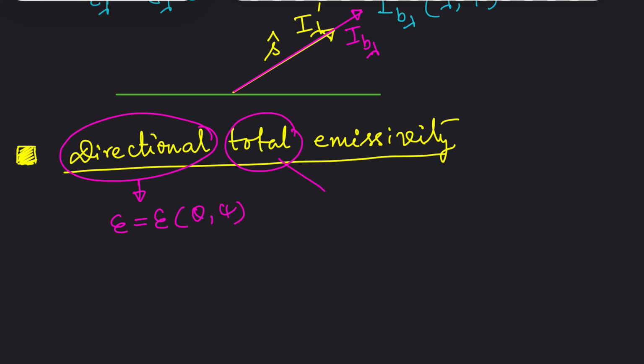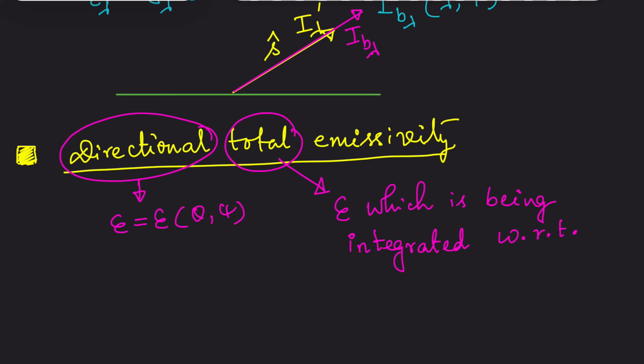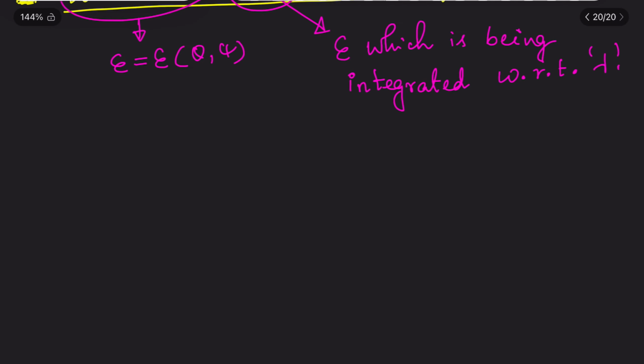The moment you say total, you know that I am talking about emissivity which is being integrated with respect to lambda. Clear? That means I have to calculate how much energy is being emitted by a real surface throughout the wavelength range.